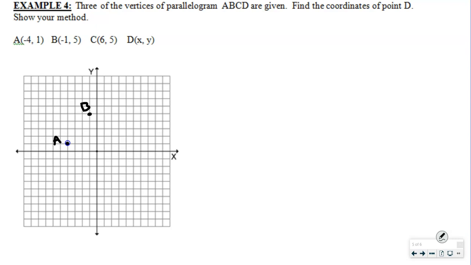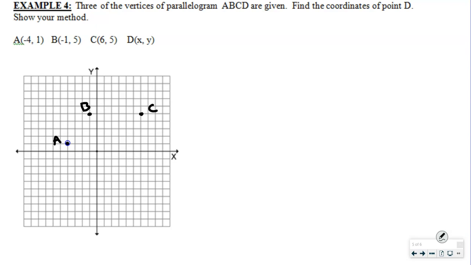Point B. Point C is 6, 5. So to the right 6, up 5. Point C. And then D is what we need to figure out. We need to figure out the X and the Y of point D.